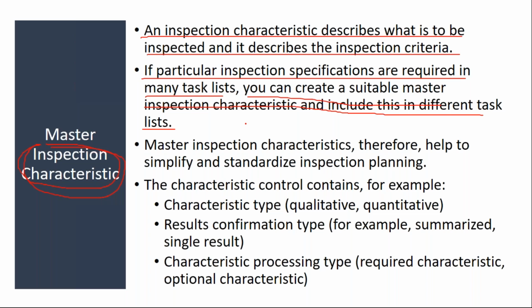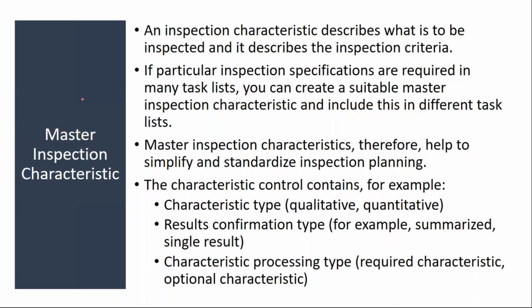What you will do in this case is create a common master inspection characteristic so that it can be used for multiple materials. Okay, master inspection characteristics therefore help to simplify and standardize inspection planning. So instead of maintaining the characteristics for different materials, you will create a common MIC which can be used in multiple materials.